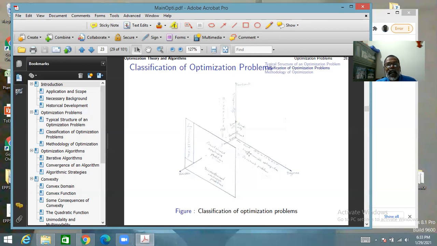Okay, and if you leave this narrow strip behind, then next you have bivariate problems, two variable problems. Okay, and here you have quadratic problems, which are also important, which we will be seeing. They are not very difficult, but not very easy either. Quadratic problems of many variables.